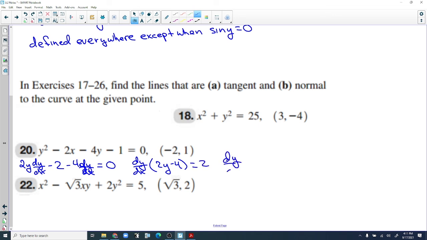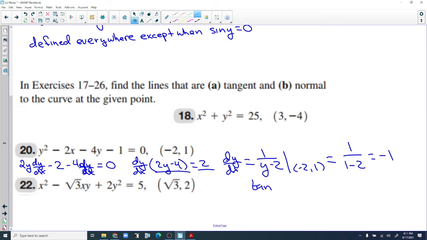So dy/dx is equal to 1 over y minus 2, because you can factor 2 out of that, cancel with the top one. We're going to evaluate that at the point negative 2, 1. But we're only using the y value. We have 1 over 1 minus 2, negative 1. So the tangent is y minus 1 is equal to negative 1 times x plus 2, and the normal is y minus 1 is equal to 1 times x plus 2.